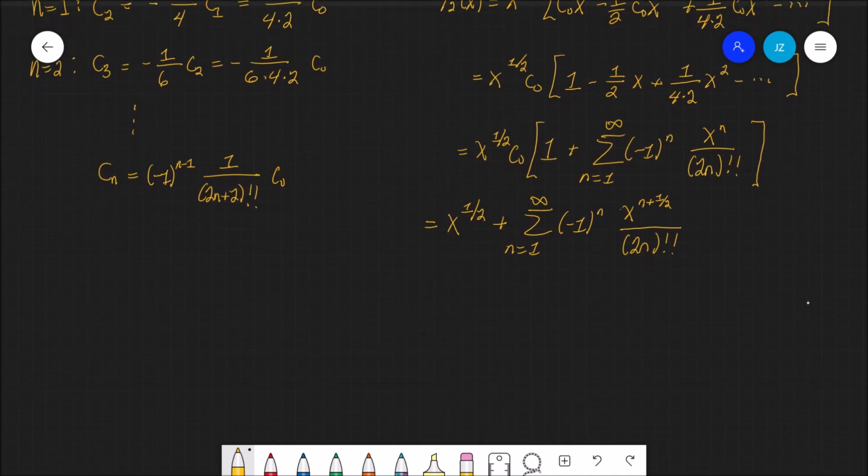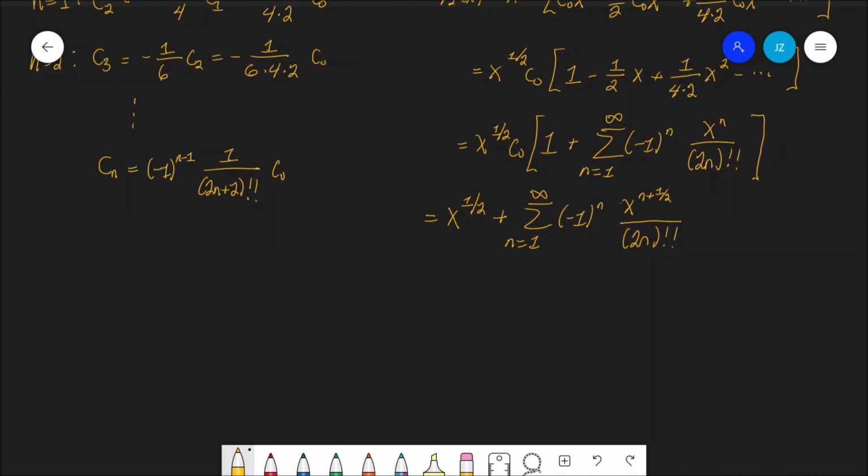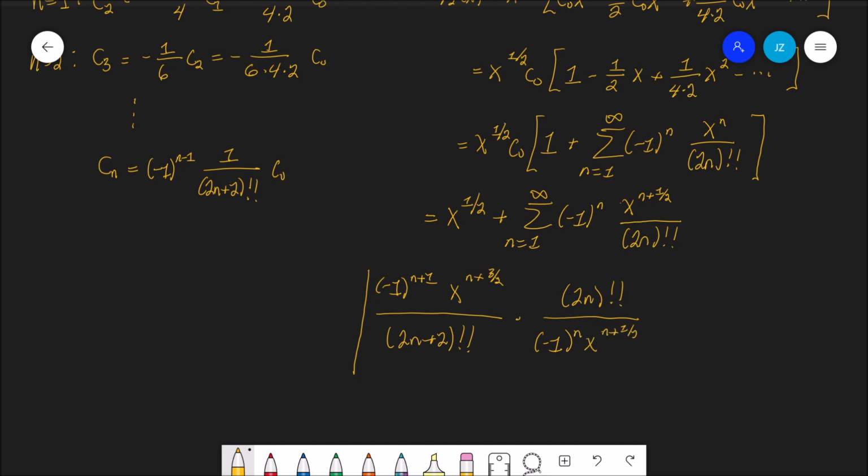Once again, we need to find the radius of convergence. So we take the absolute value, negative 1 to the n plus 1, x to the n plus 3 halves, all over 2n plus 2 double factorial, times 2n double factorial all over negative 1 to the n, x to the n plus a half.